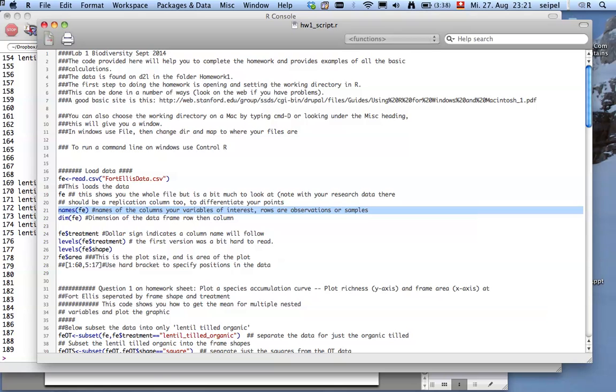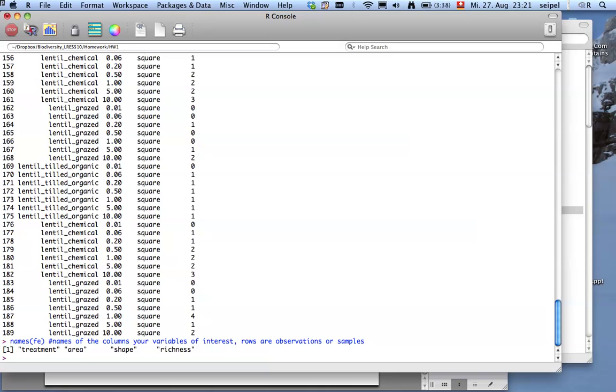We can see that by executing the names command, which we did on the first day. And you can see we have treatment, area, which corresponds to the area of the quadrat or circle, shape, which would be circle, square, or rectangle, and the number of species we found in each one of those plots.